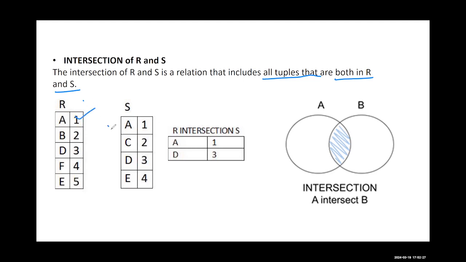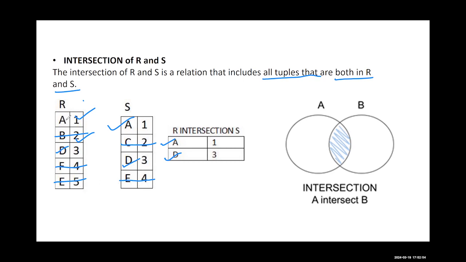So I have A here, hence it is there in the result. B I have here, no, there is no B here. C I have, which is not there here. D, yes, I have D3, hence it is there in the resultant. I have F4, it is not there here. I have E5, but I don't have E5 here. Instead, I have E4. Same example you can consider. Priya Bombay, Priya Chennai. They are two individuals, so it is not repeating.